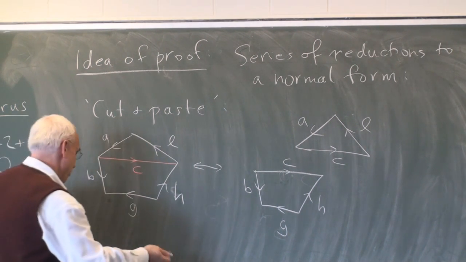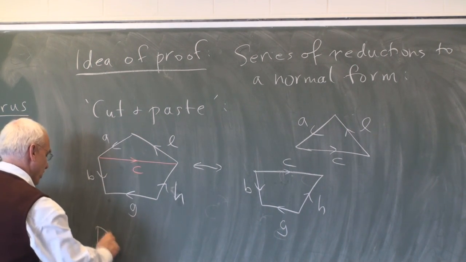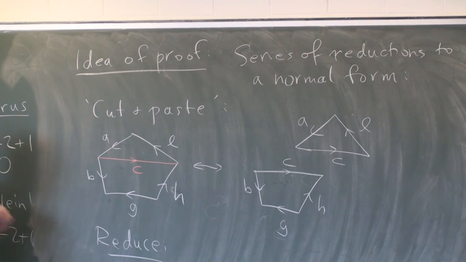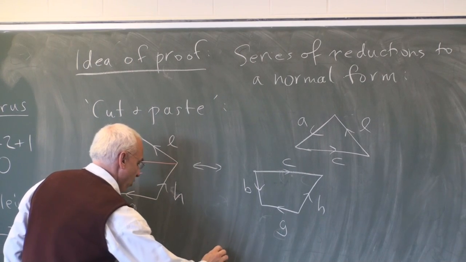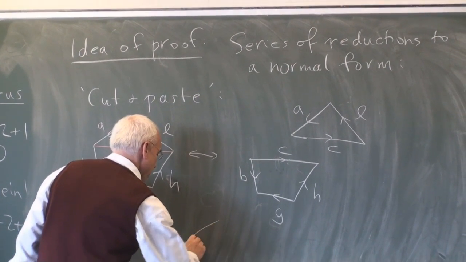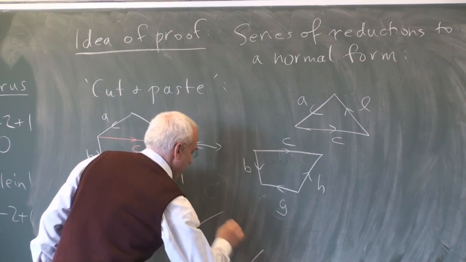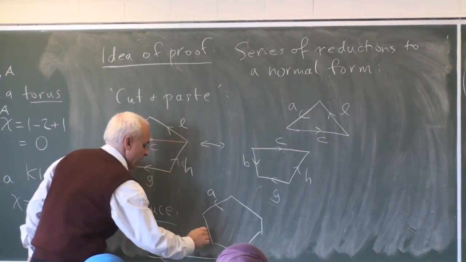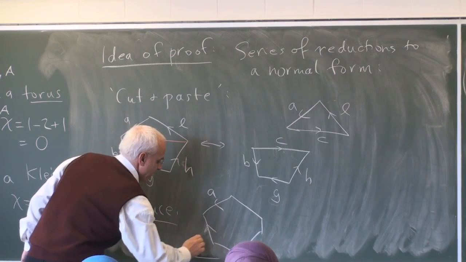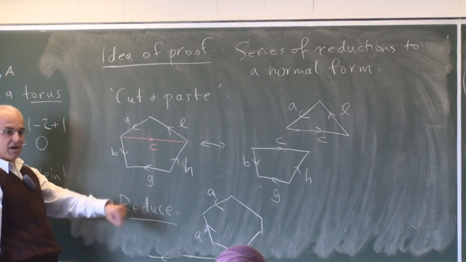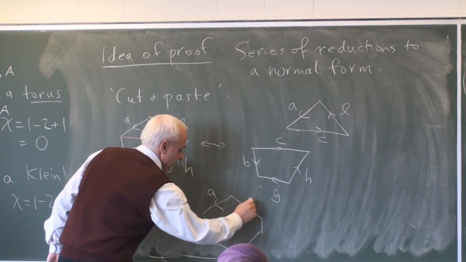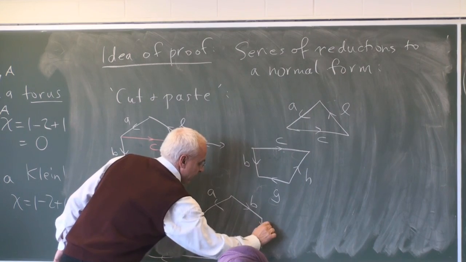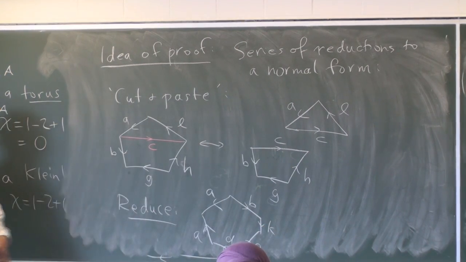Another important thing that we're going to do is also reduce the edges in a certain situation, when we have the following picture. Suppose that we get to the situation where there's an edge A here and another edge A inverse, essentially A in the opposite direction, and some other stuff, B, D, F, K, let's say.